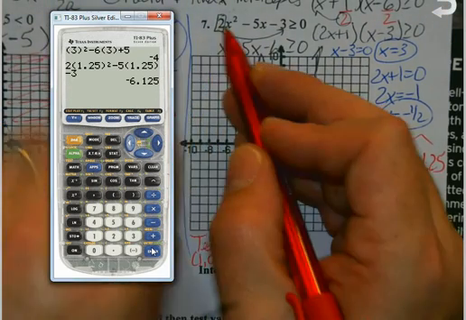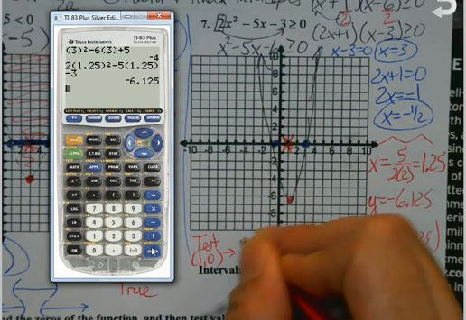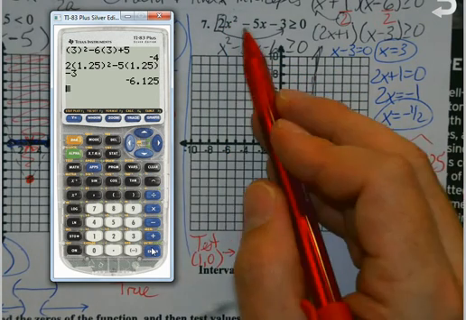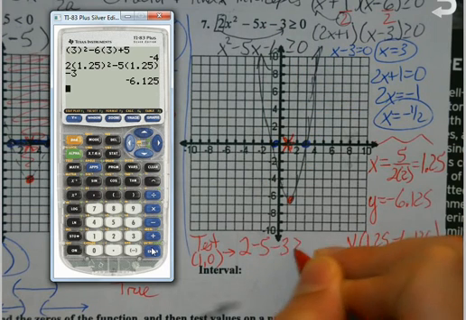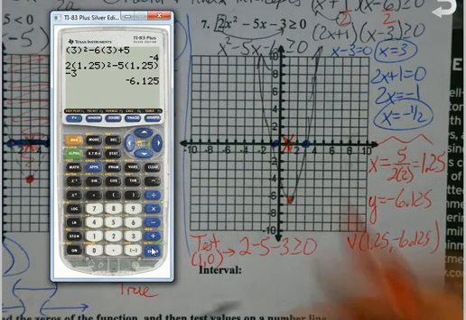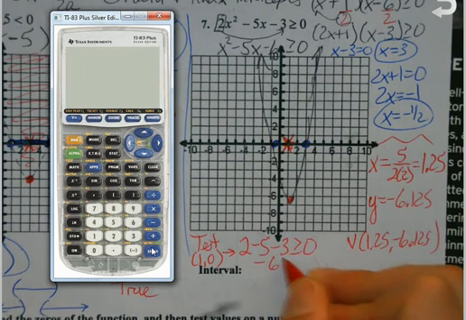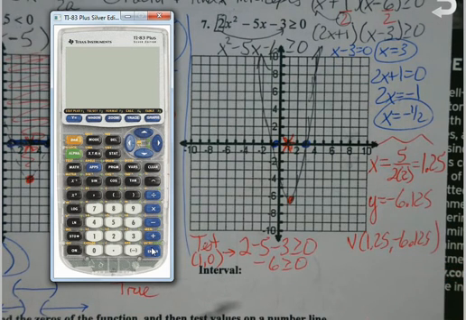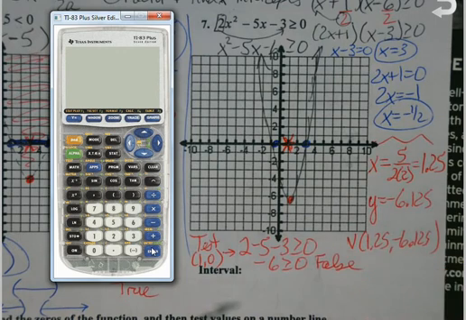So let's see. 1 squared is 1 times 2 is 2. 5 times 1 is 5. And again, you can just type it all in the calculator and let it do it. So is -6 greater than or equal to 0? Not the last time I checked.